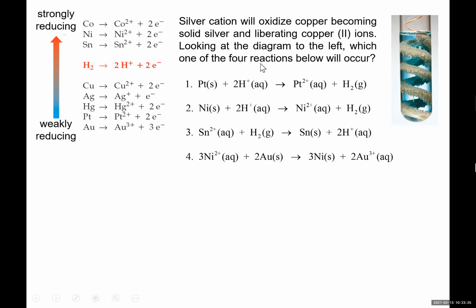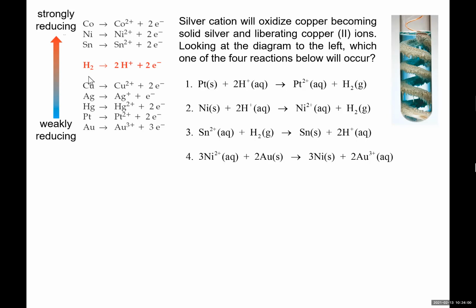Well, again, I have the activity series for you. All you have to do on the left-hand side, take the element, not the ion. Compare the elements, platinum, hydrogen. If platinum is at higher activity in the activity series, the reaction will happen. Is platinum higher than hydrogen? No, it's below hydrogen. This reaction is not going to happen.